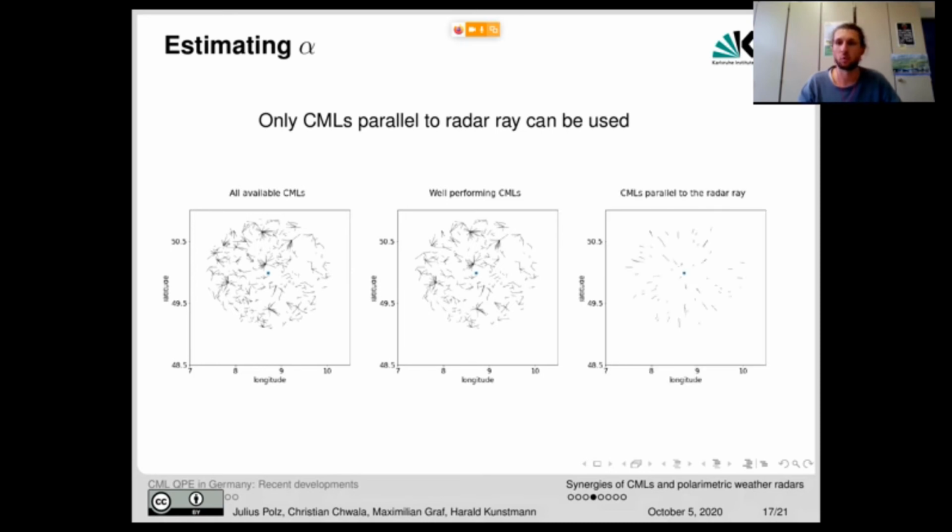And then in the next step we only take those CMLs that are parallel to the radar ray, and it gets a lot less. That's always something that I'm experiencing: if you introduce some rules that are quite logical, you lose a lot of data that you can't use anymore. But still, we get a lot of microwave links that are somehow parallel to one of the radar rays.